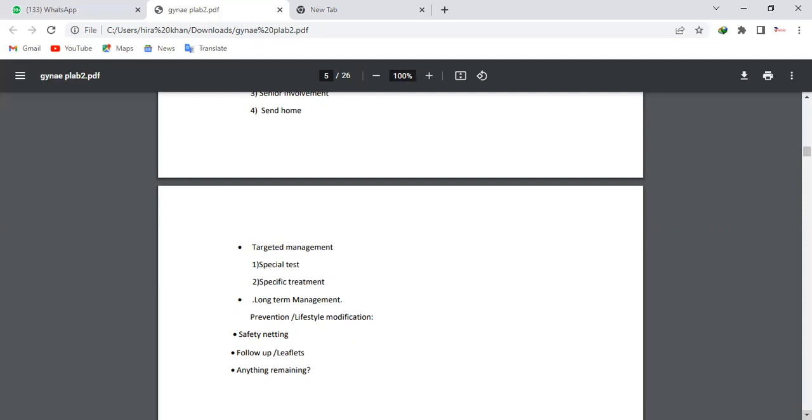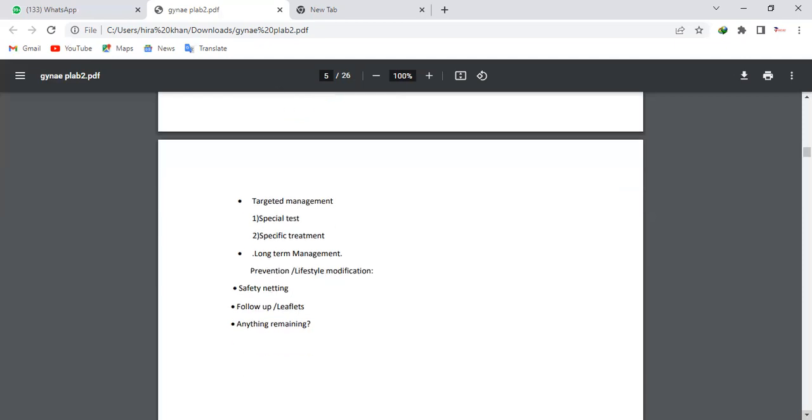So always in the gynae stations, I'm really sorry, I keep on mentioning OBS, it is not OBS, it is gynae station. Whenever the patient is having any kind of discharge, and you are mentioning the management related to vaginal discharge, make it a habit to mention the do's and don'ts, because these are part of the scenarios.